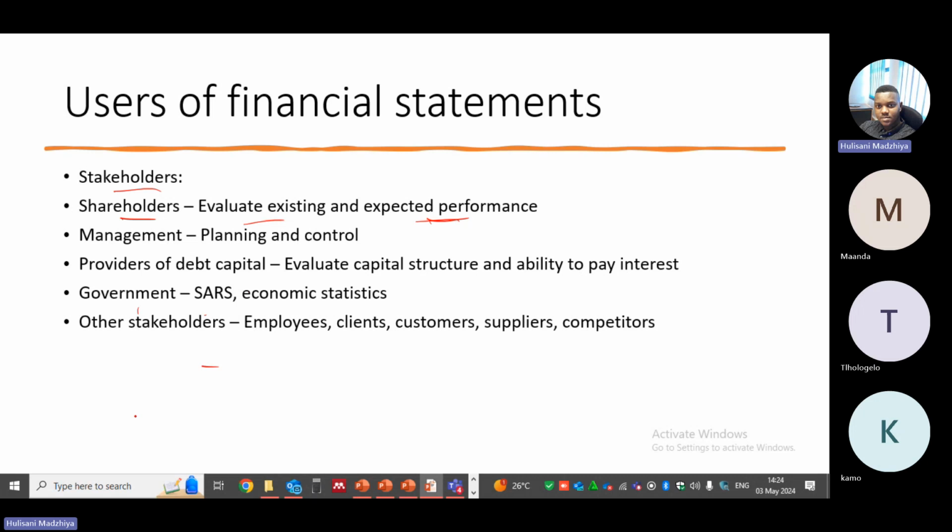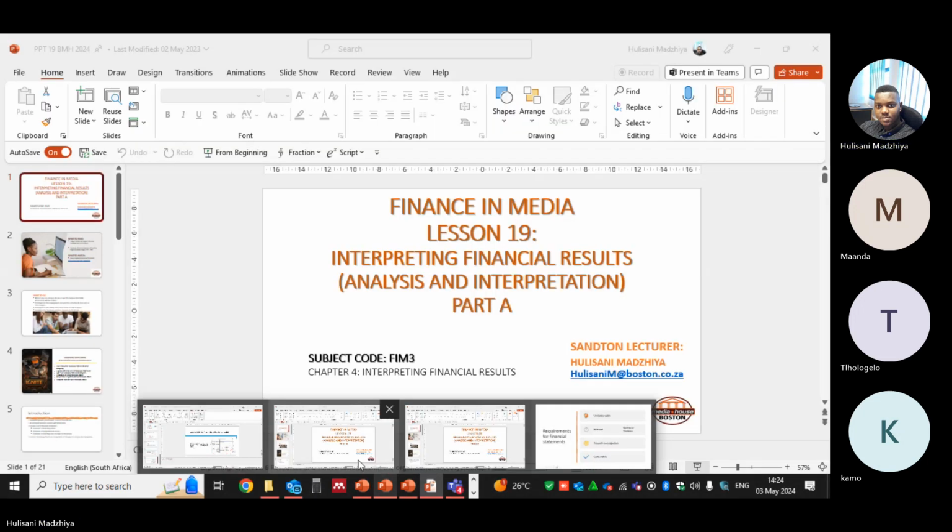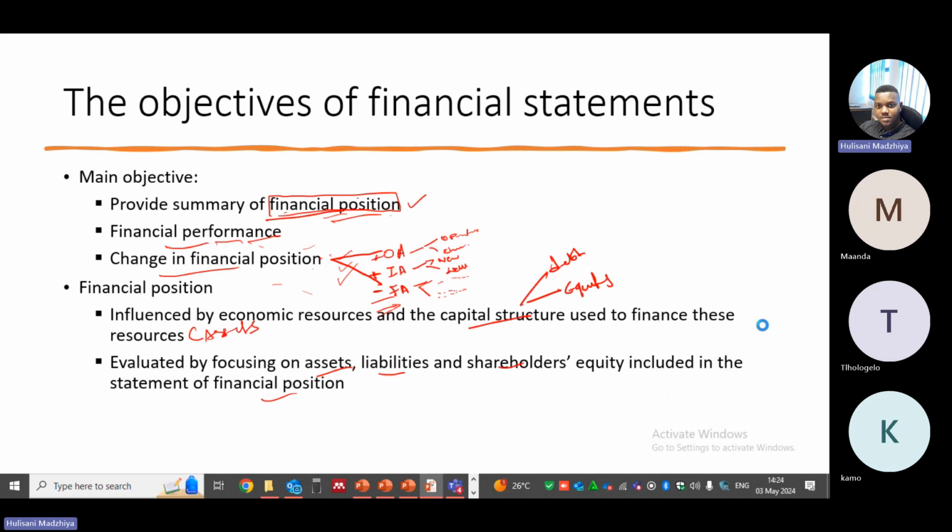And then for management of the company, unfortunately I can't see my cursor anymore. Okay. Sorry about this. I am busy exporting some file, so there is a chance that my laptop might run a bit slow in terms of memory, and therefore I won't be able to move smoothly with you.